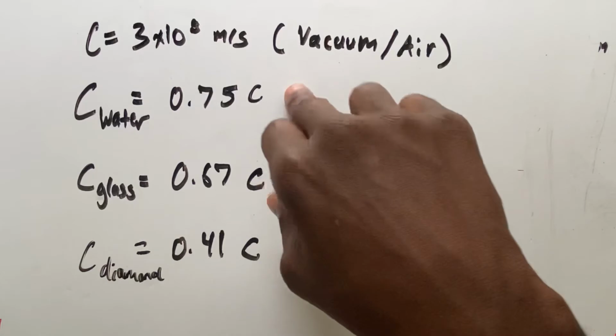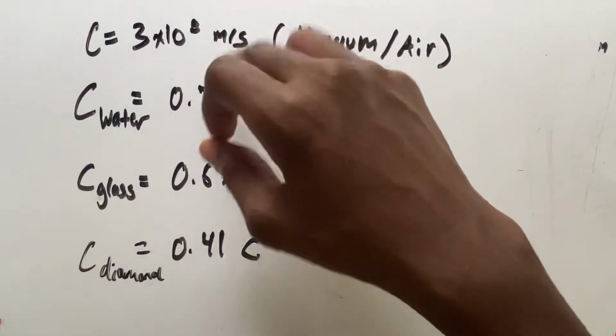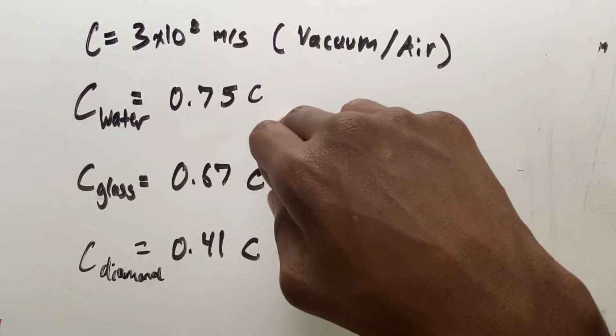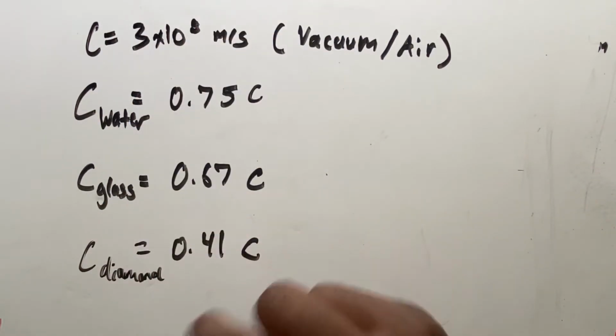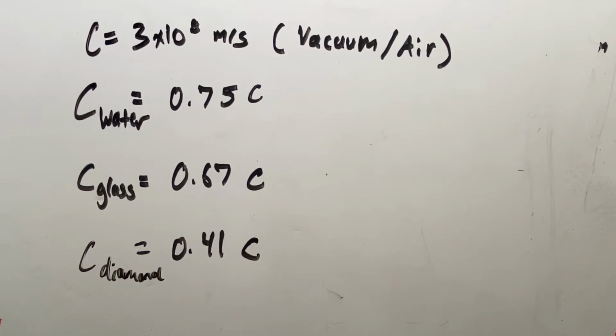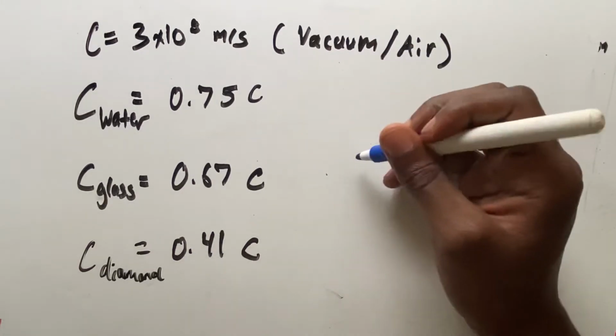So in water, light travels at this speed, which is a little bit less than the original. And then it travels the slowest in diamond. So then now let's draw out how that's going to look.